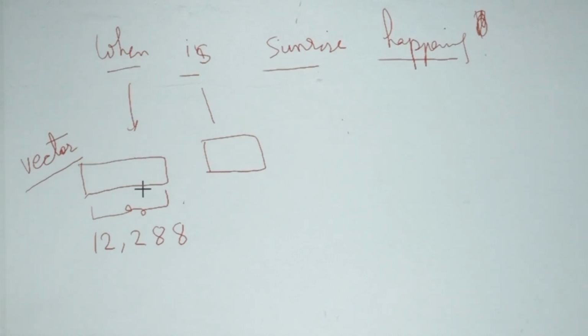First of all, the vectors are created in such a way that they follow the laws of vector maths or vector algebra, which means what? I'll give you some examples so that you'll appreciate how that vector actually gets created. Okay.